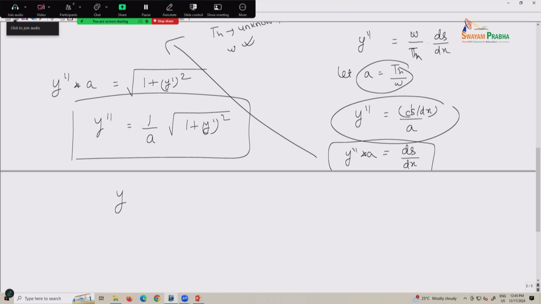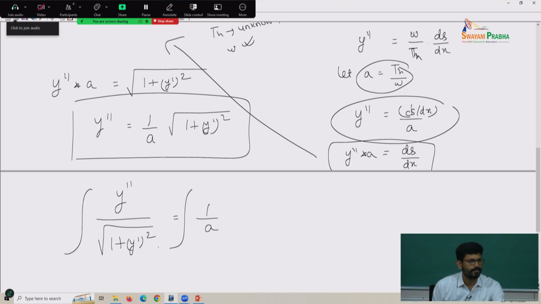You need to get y as a function of x. Okay, so now let us group them: y double dash by root of 1 plus y dash whole square equal to 1 by A. Is that correct? So what you have to do now? Integrate. Correct or not? You have a second order differential, now you have to integrate to get the expression for y. Correct? So now let us integrate it.